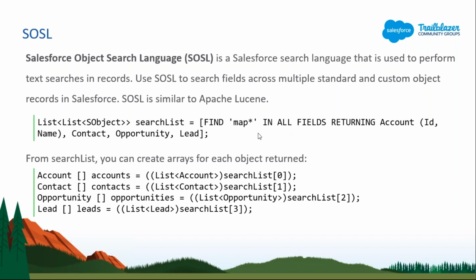It will go and search in every field which contains map at the beginning. Like if I have a name field which has the value mapping, then it will search and return that field because it has map in the beginning of that name.